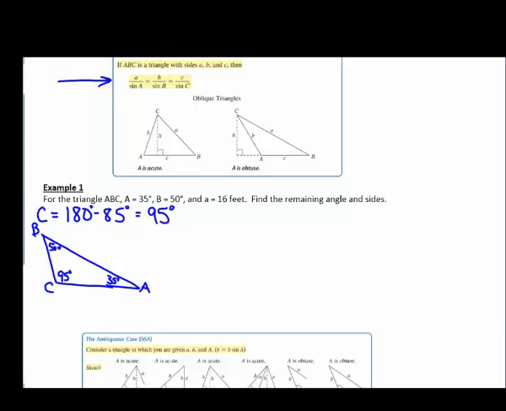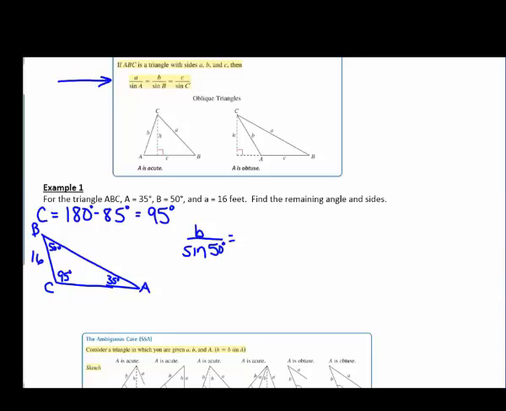We also know that side A is 16 feet, and that is the side that is across from the corresponding angle. All right, so now we can use the law of sines to find side B. So we're trying to find side B, so we're going to put that over the sine of angle B, which we know was 50 degrees.